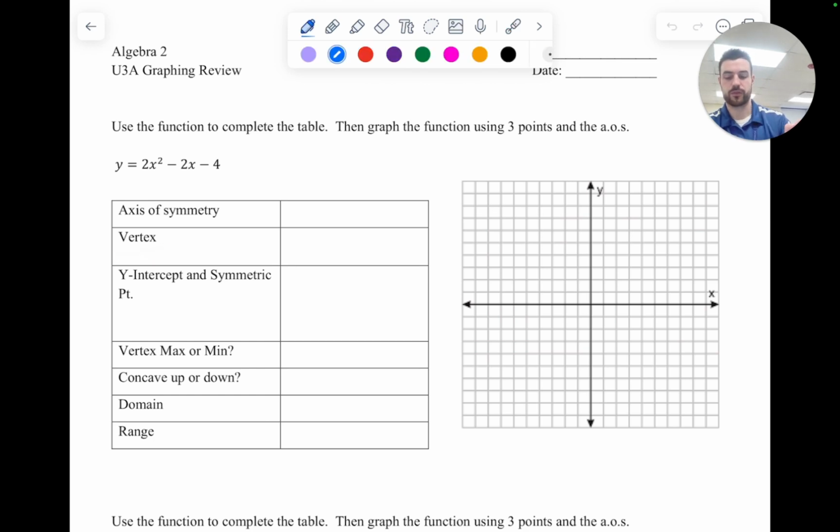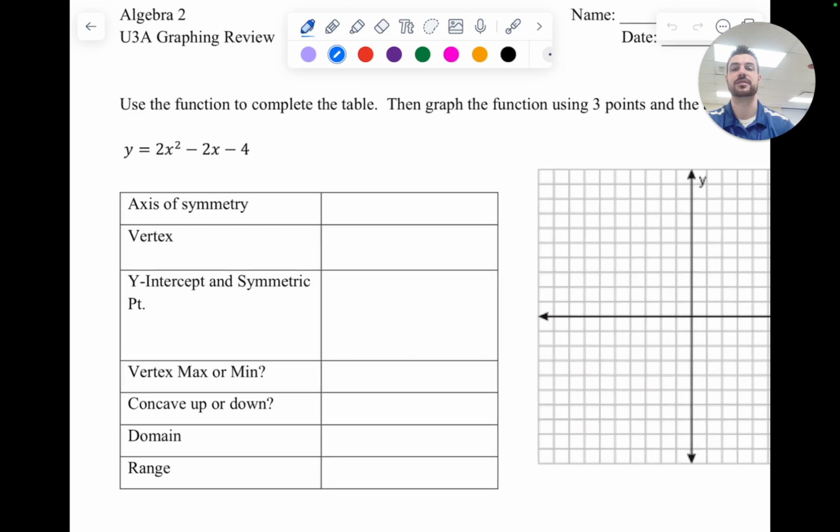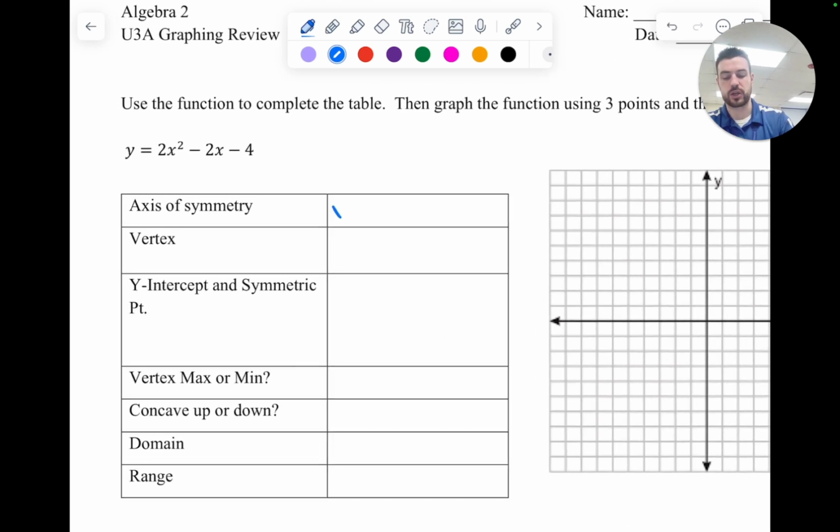So in standard form, to find our axes of symmetry, we use the equation x equals the opposite of b over 2 times a. Now, when we are in standard form, our b value in this case would be negative 2. So negative 2 is going to be a positive 2.